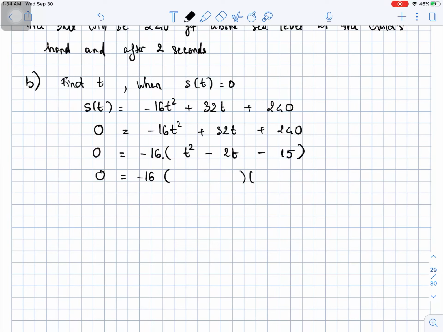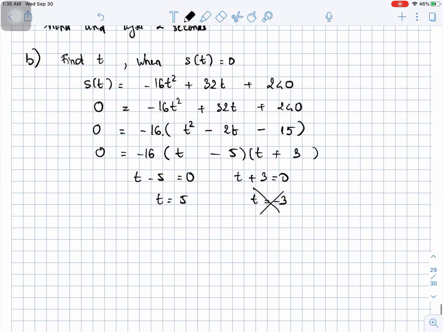Since negative 16 is a number, there is no variable to solve, you just have to factor the t squared minus 2t minus 15. You will get 5 and 3. Then we just go ahead and set the factors that have the variable equal to 0.